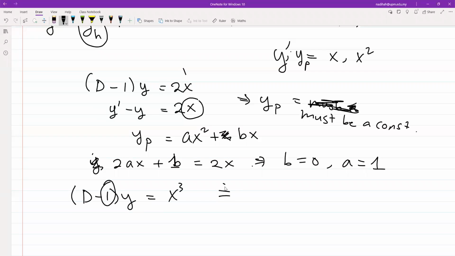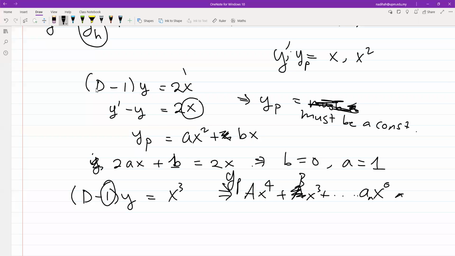So dia punya ni mestilah lebih sikit, tambah 1. So dia punya ni adalah ax to the power of 4 plus ax to the power of 3, b plus sampailah dia jadi x to the power of 0, constant. Ini constant, let's say. Okay, so yang ni adalah untuk yp.